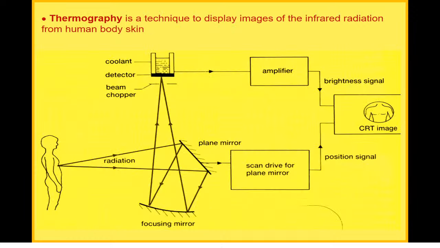Look at this block diagram. This is the radiation from a particular area of the surface of the body. It is focused, and after that it is detected, amplified, and you can see the image on the screen.